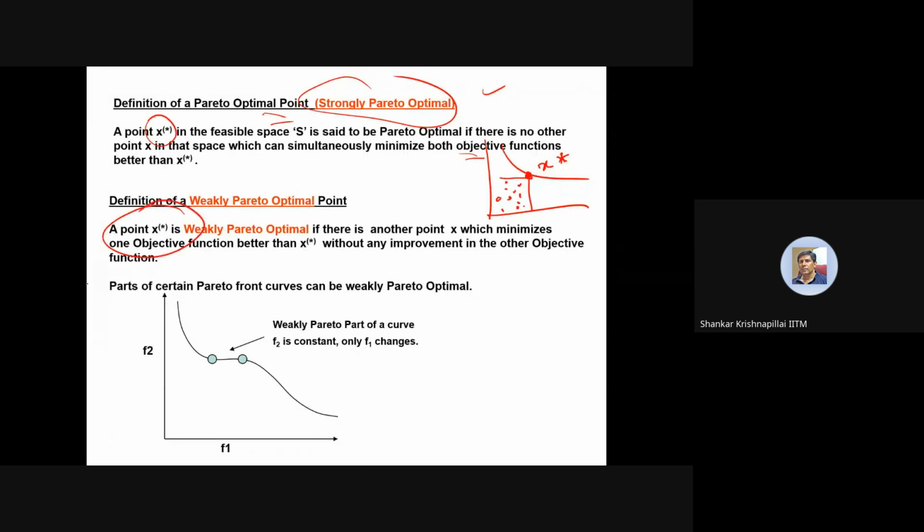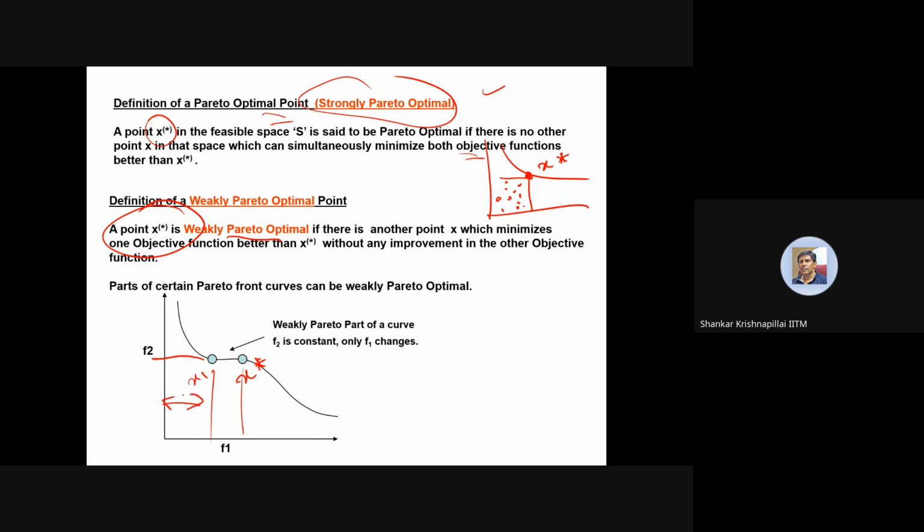So a point x star is weakly Pareto optimal. Okay, so this is X star. It is weakly Pareto optimal because you can find a point X1 here whose F2 value is the same, but whose F1 is better than X star.